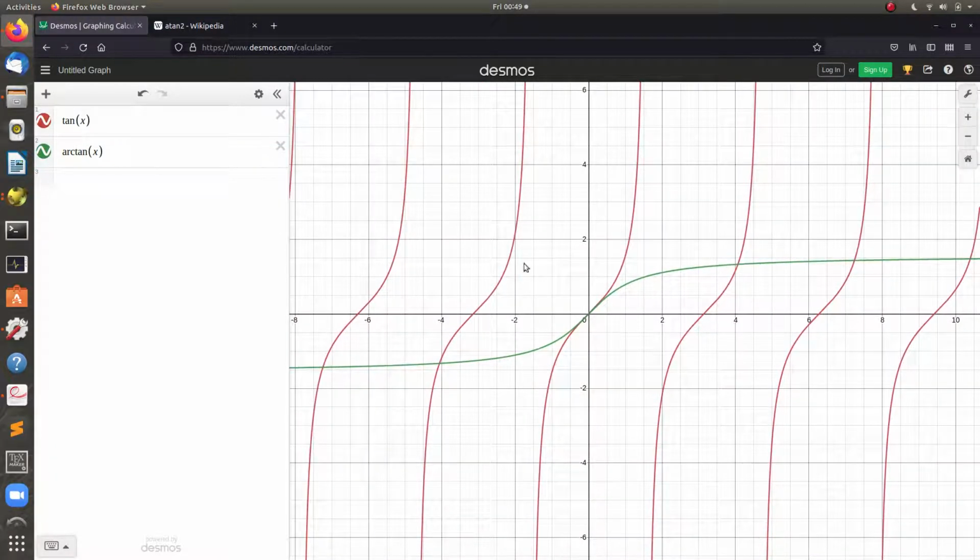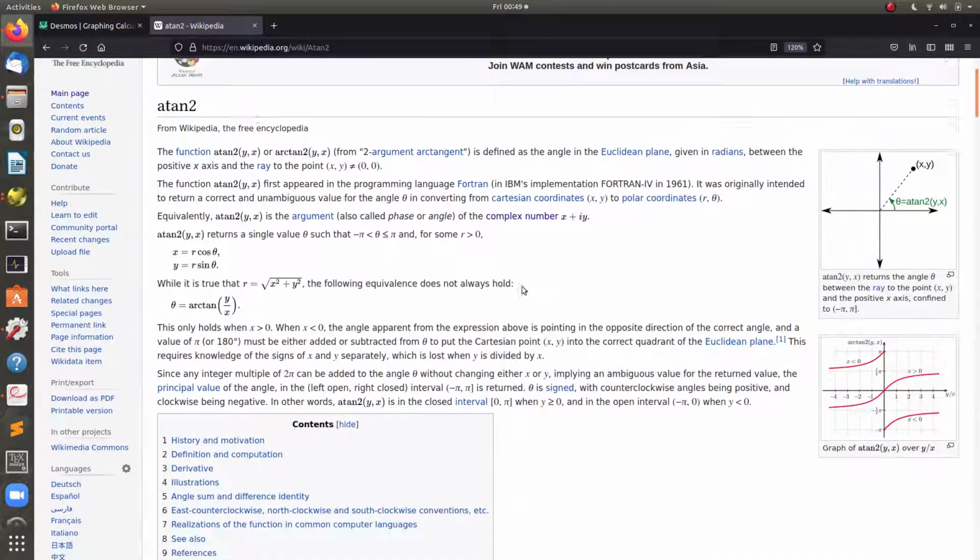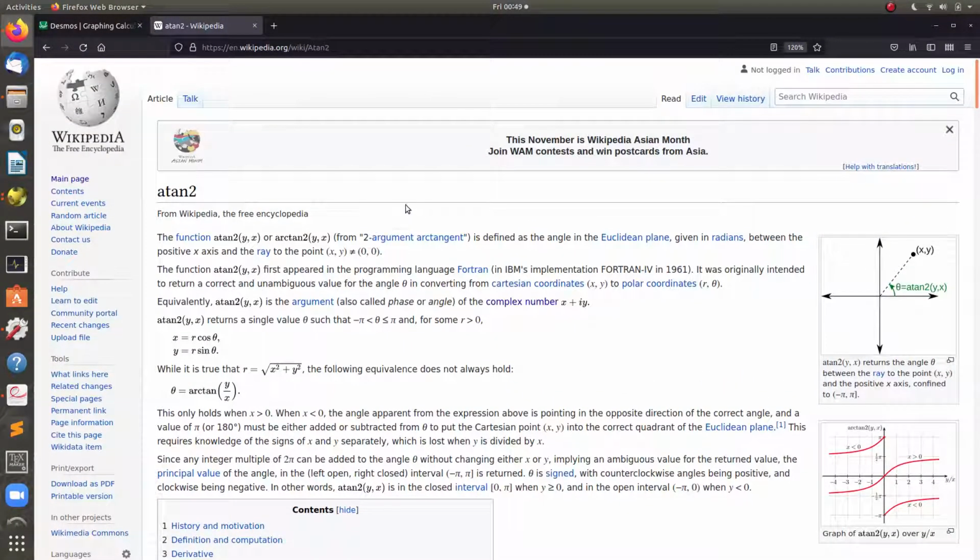These are the functions. And then we get to atan2, and we use atan2. There's a Wikipedia page because there's a little bit of ambiguity when using a positive or negative number.